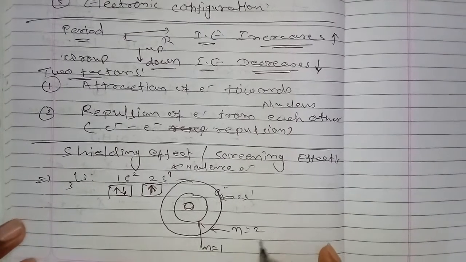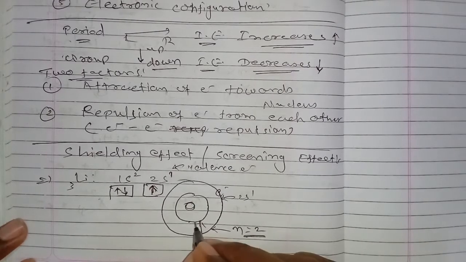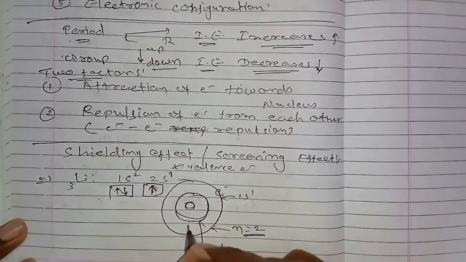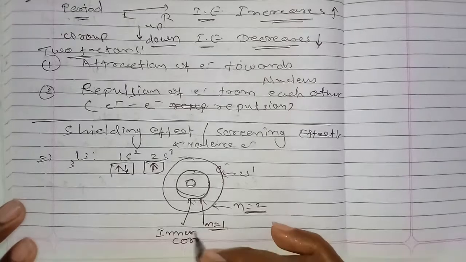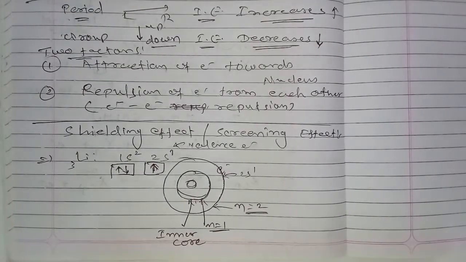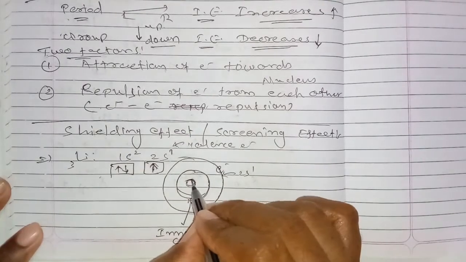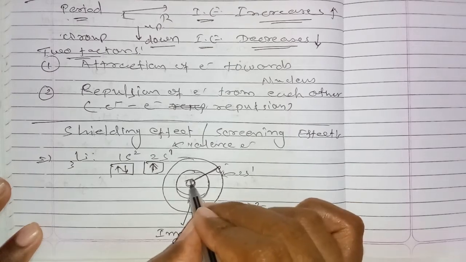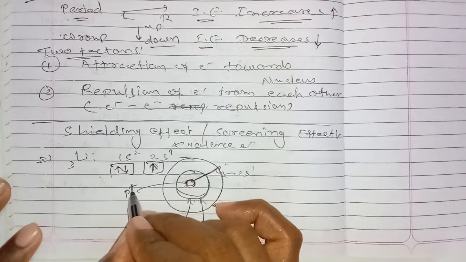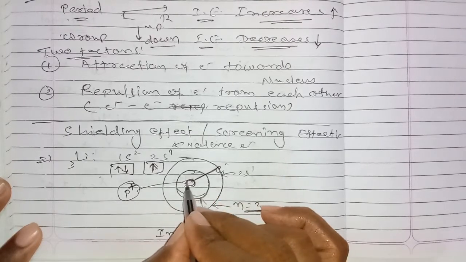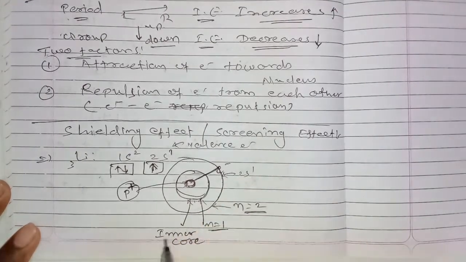For the 2s orbital, the first shell, or 1s orbital, is the inner core orbital. Consider the effective nuclear charge experienced by the valence electron. Why? The nucleus has protons, so it contains positive charge, and the electron has negative charge.